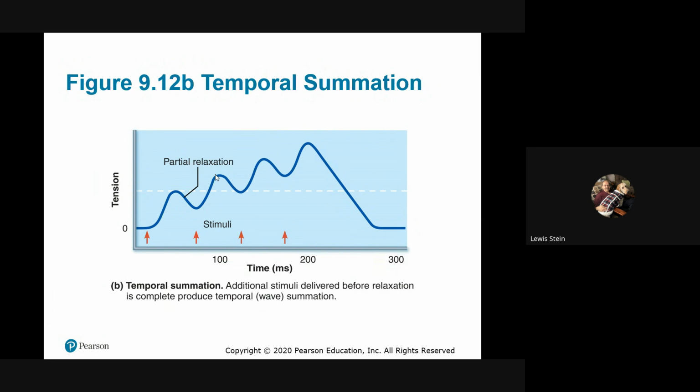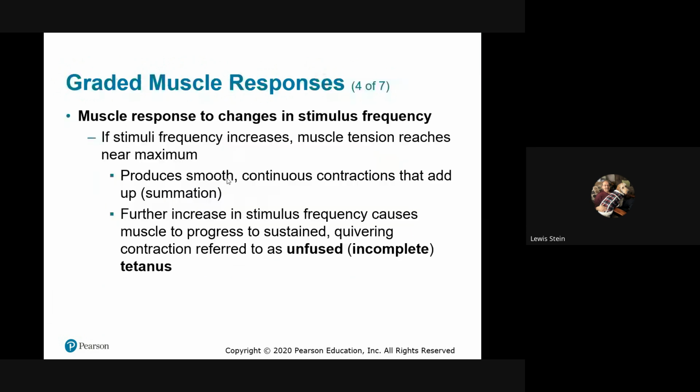This is something that's done when you have electrical stim for rehab, and going forward, not just if you're an athlete now, this is utilized. Now, we're not done yet. We'll increase the muscle tension to a near maximum, which produces a smooth continuous contraction that's summated.